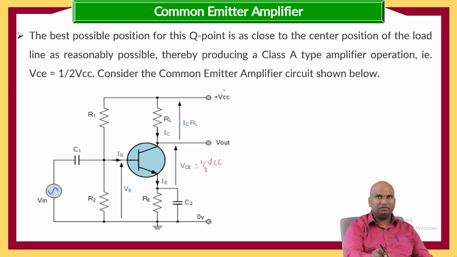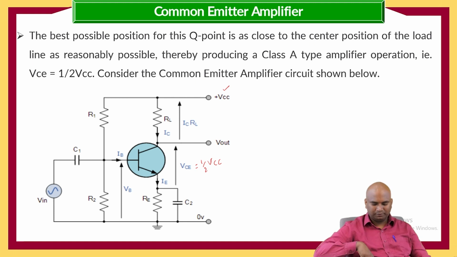Here is the VCC value we are having, and VCE value should be equal to half into VCC. We need to make the arrangement such that we choose the Q point for this particular circuit by making the VCE value equal to half into VCC.